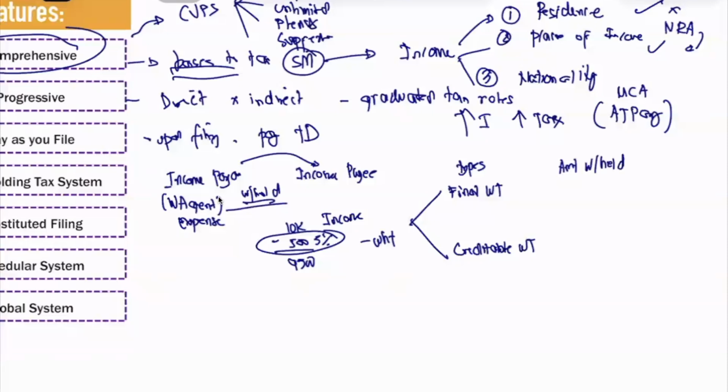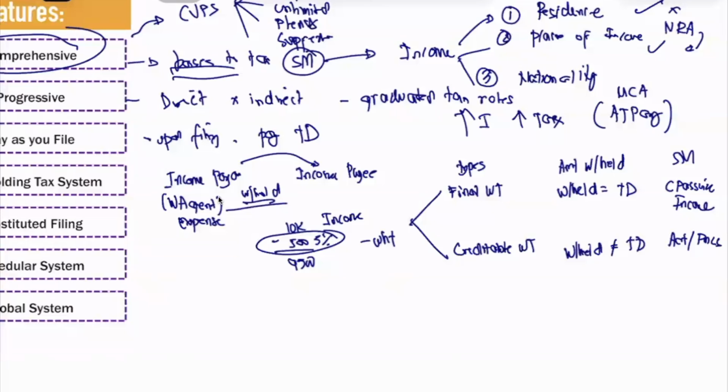So in a final withholding tax, whatever is the amount withheld is equal to the tax due. But in a creditable withholding tax, the amount withheld does not necessarily mean it is the tax due. And as to the subject matter, in a final withholding tax, it only applies to certain passive income, while for creditable withholding tax, it applies to active or passive income.